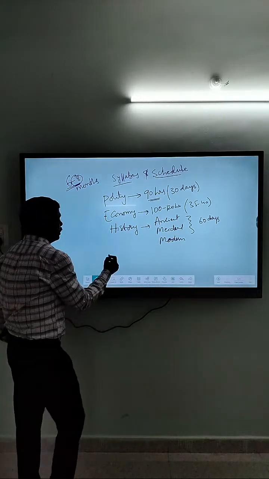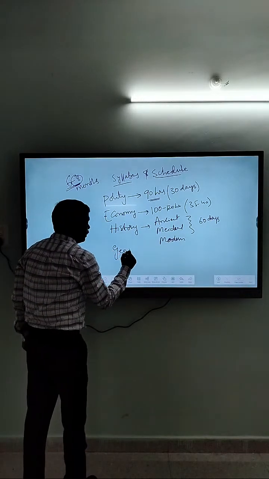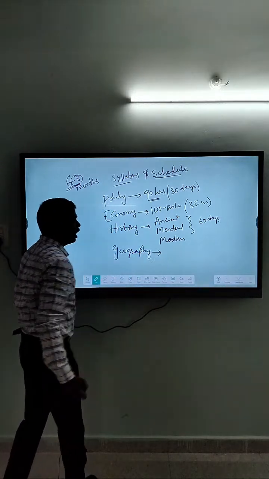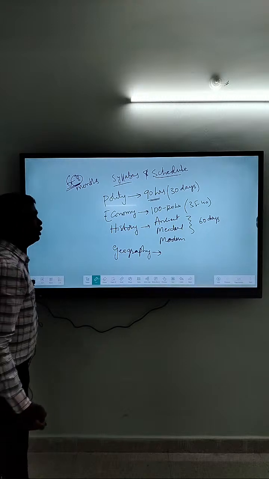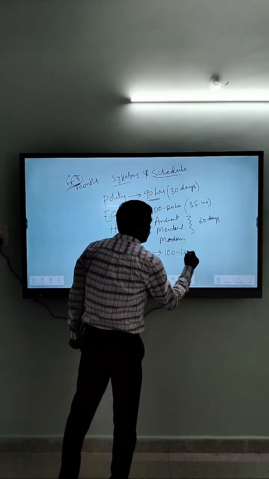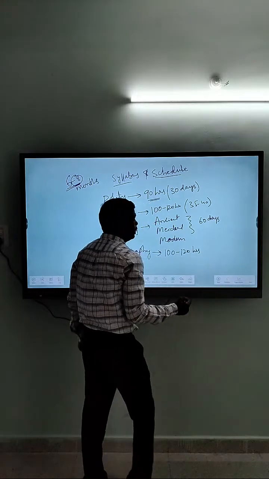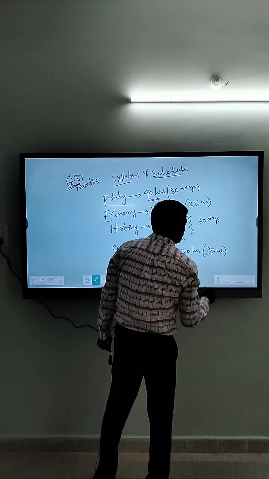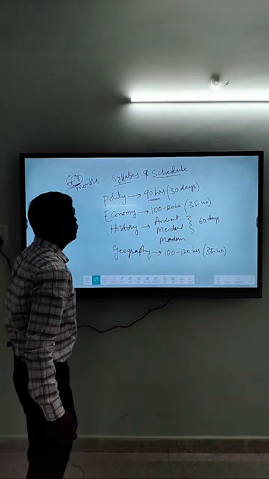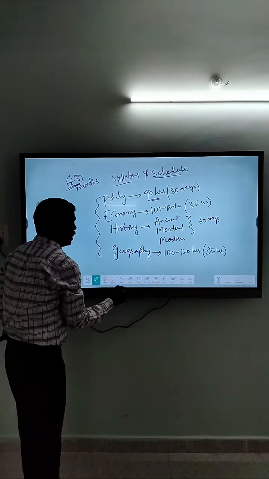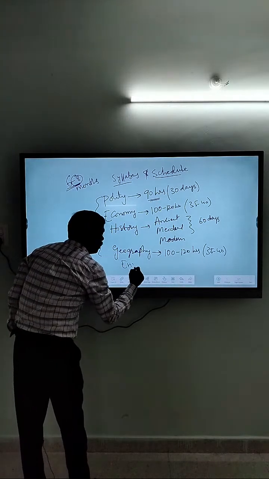After history it will be geography. To complete geography, it will take 100 to 120 hours. That means again 35 to 40 days. Then we have environment and ecology.